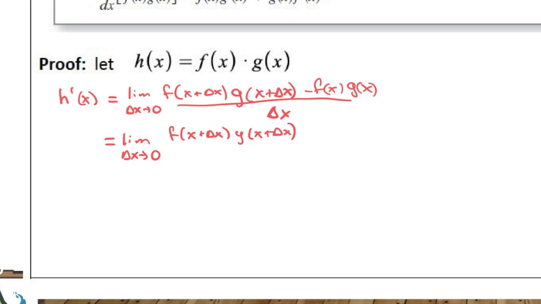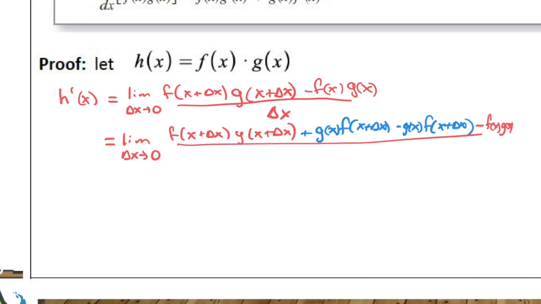So the form of 0 that we're going to use is we will add in g of x times f of x plus delta x minus g of x times f of x plus delta x. And we continue to write minus f of x times g of x, all divided by delta x.